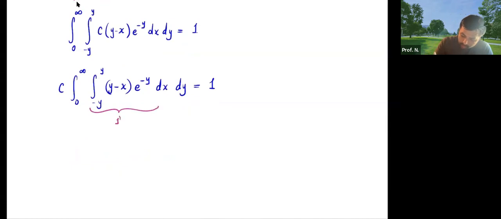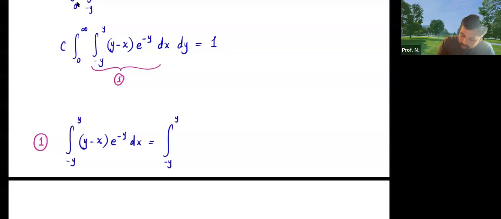So I'm going to call this 1. So I'm going to put 1 here. And I'm going to integrate from negative y to y of y minus x e to negative y dx.